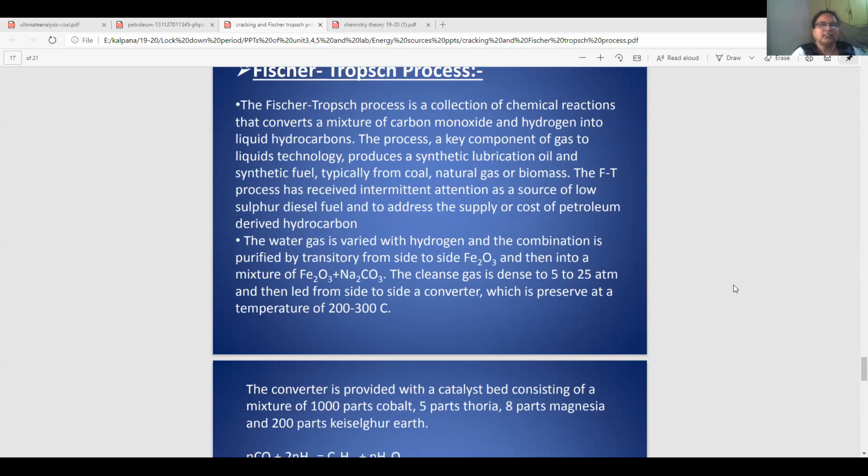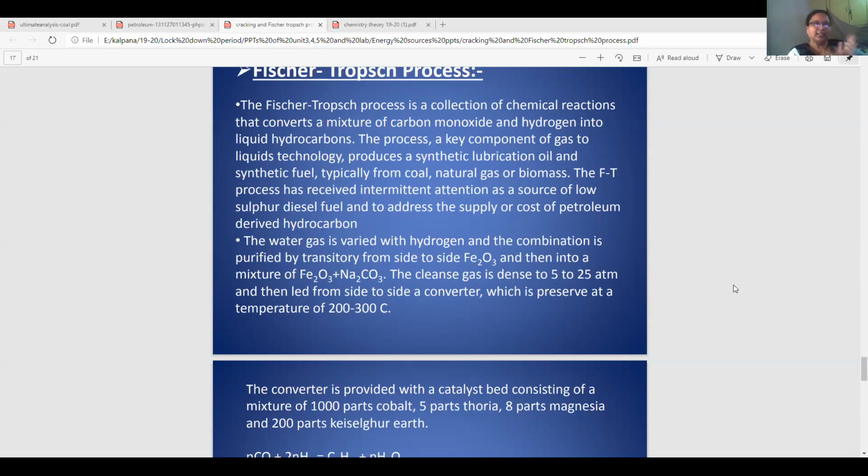Then the cleaned gas is compressed to 5 to 25 atmospheres and led to a converter which is maintained at a temperature of 200 to 300 degrees centigrade. Suppose you think of one tower which has water gas, and the other tower has the catalyst. The water gas is sent to the catalyst at a pressure of 5 to 25 atmospheres, and hydrogen also reacts with it.